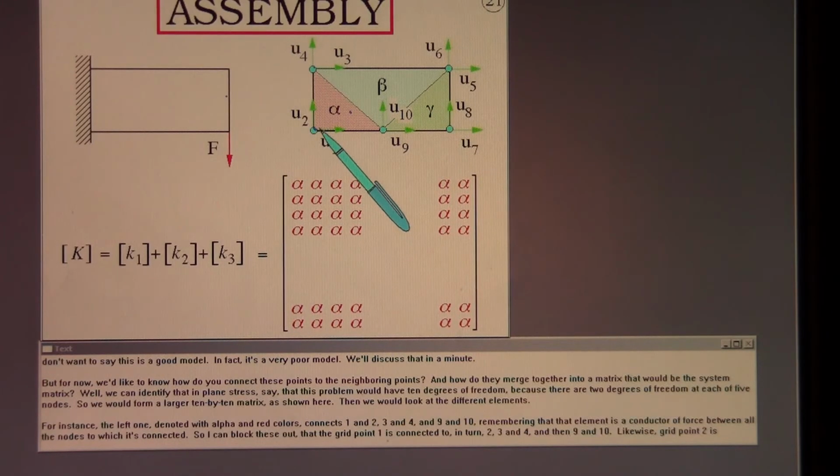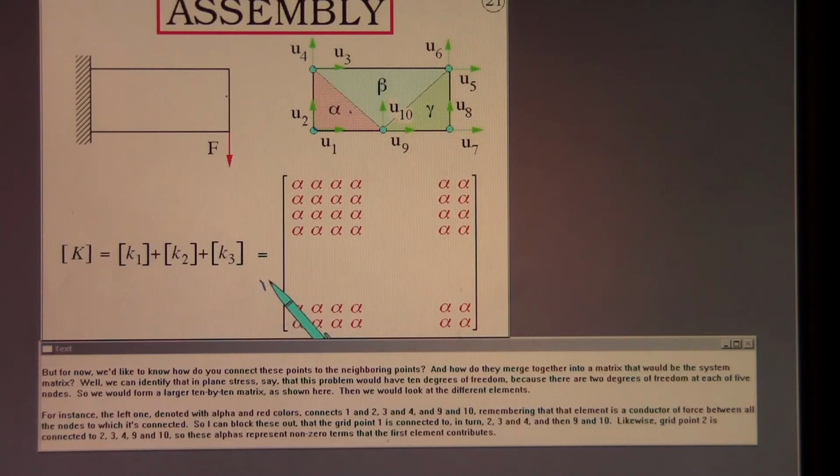Well, we can identify that in plane stress, say, that this problem would have 10 degrees of freedom because there are 2 degrees of freedom at each of 5 nodes. So we would form a larger 10 by 10 matrix shown here. Then we would look at the different elements.